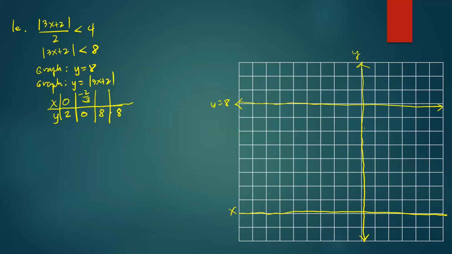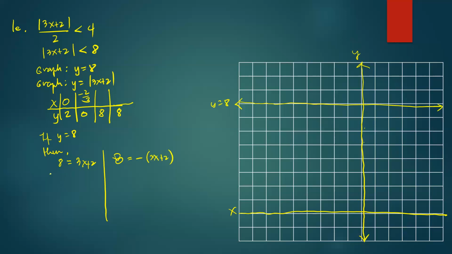Okay. So to do this, we need to substitute y, right? So if y is equal to 8, then we have 8 is equal to 3x plus 2. Then we shall also get the opposite. So we have 8 is equal to negative of 3x plus 2.